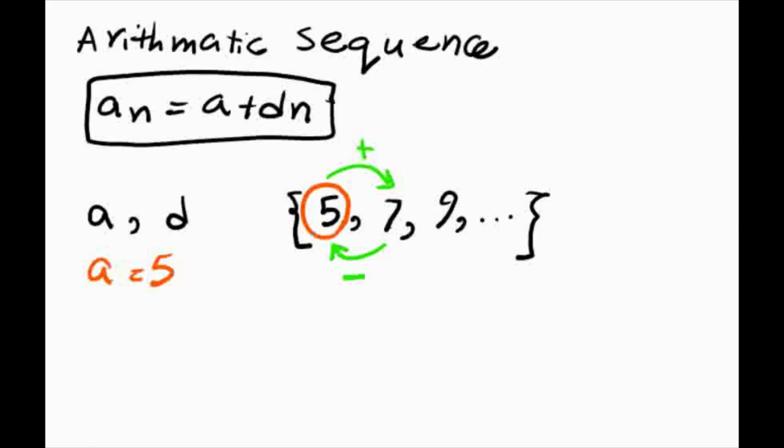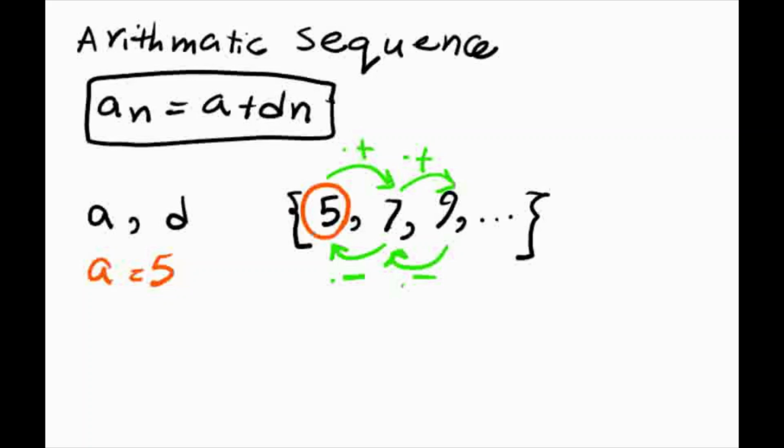So you can do both ways to figure out what your d is. And it has to be applicable to all of these. So that means this number and this number have to be the same number, and this number and this number have to be the same number as well. Otherwise, the sequence that you have is not an arithmetic sequence.